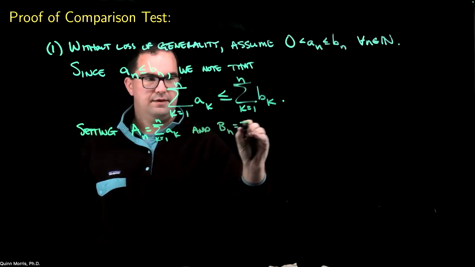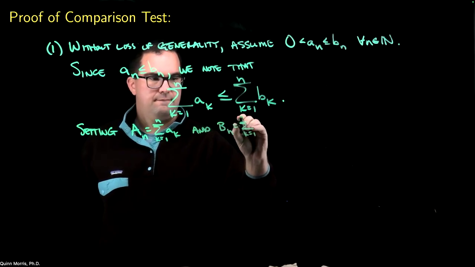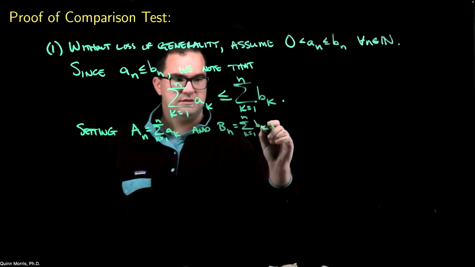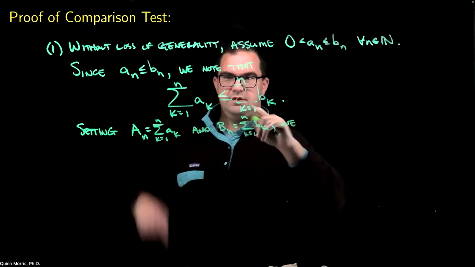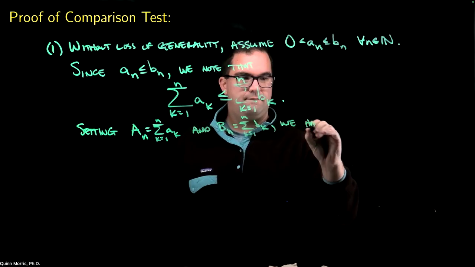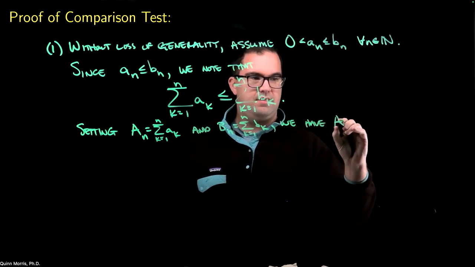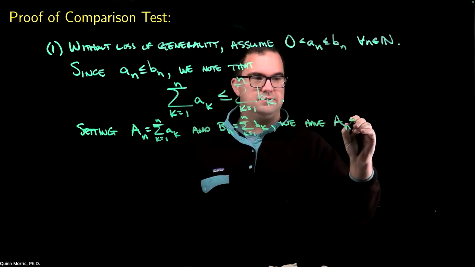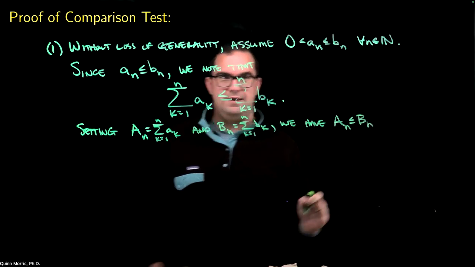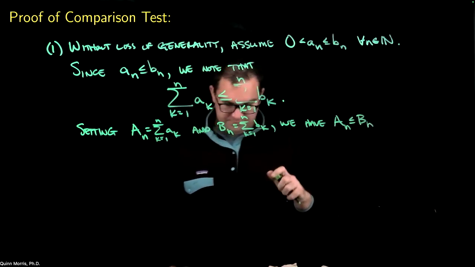And similarly, I could do the same thing for B. So this is just saying that AN is less than or equal to BN, right?